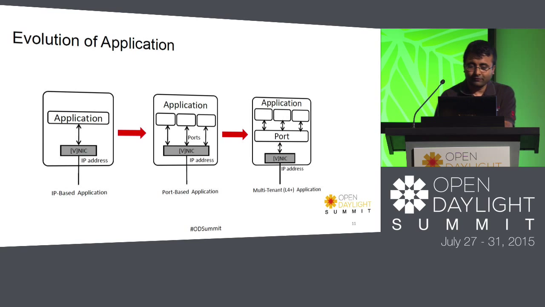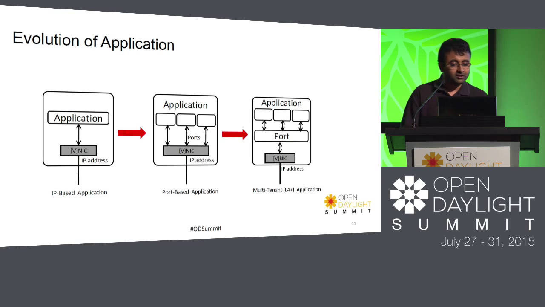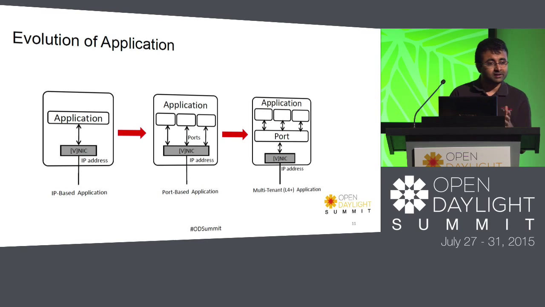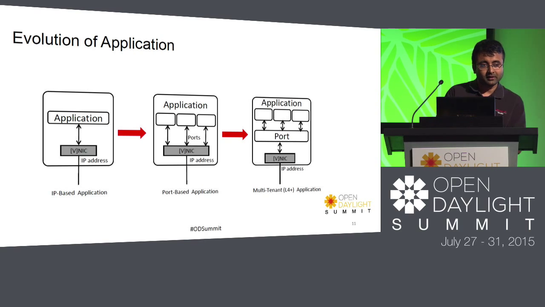For us, there are two types of multi-tenant aware applications. One is the port-based application, where the IP address is common for all the tenants. All the tenants see the same IP address, but each tenant gets their own unique port. That's how we do the demarcation between the tenants.